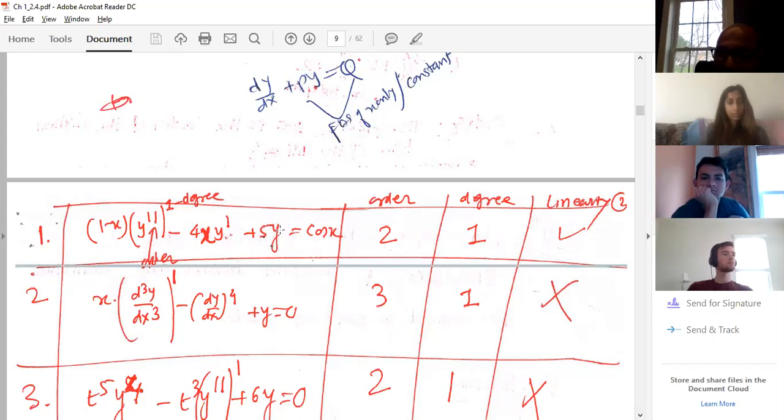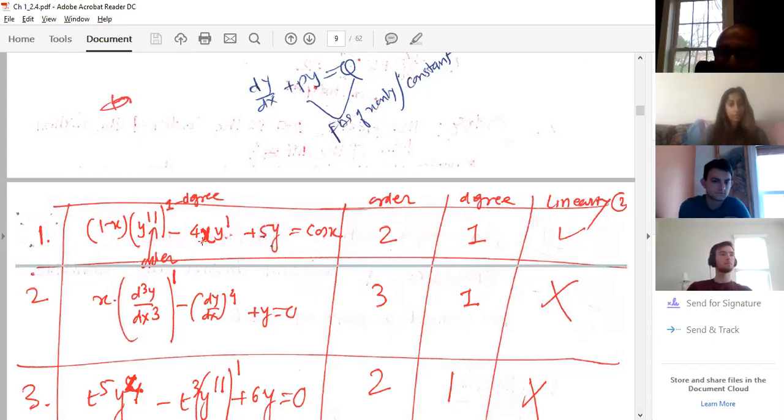So the second condition is satisfied. First condition: the power of y dash is 1, y to the power 1, y double dash to the power 1.